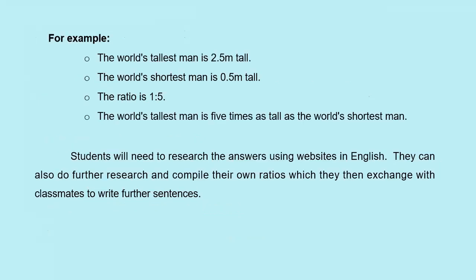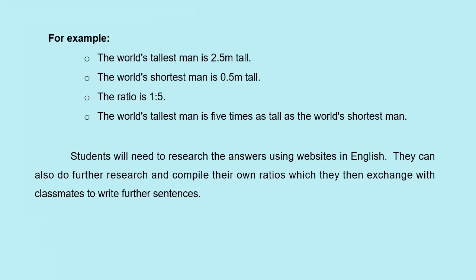For example, the world's tallest man is 2.5 meters tall. The world's shortest man is 0.5 meters tall. The ratio is 1 to 5. So the world's tallest man is 5 times as tall as the world's shortest man. Students will need to research the answers using websites in English.